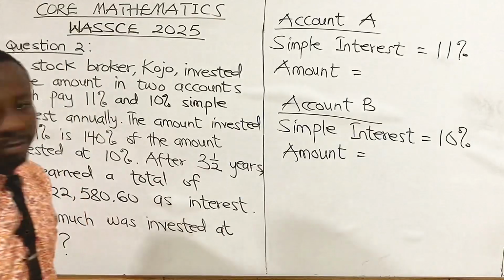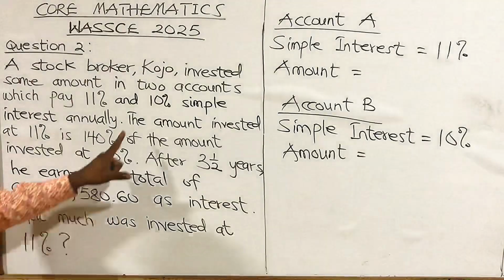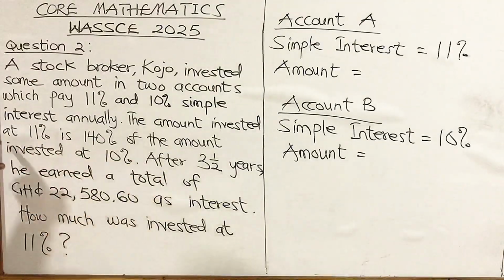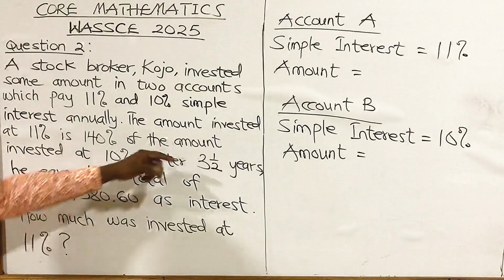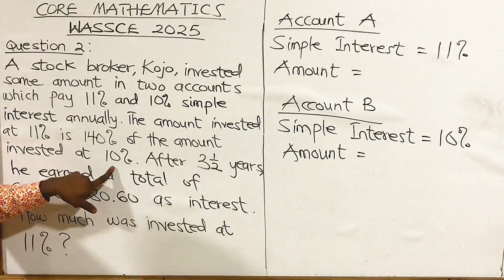we don't know. But the question said the amount invested at 11% is 140% of the amount invested at 10%.